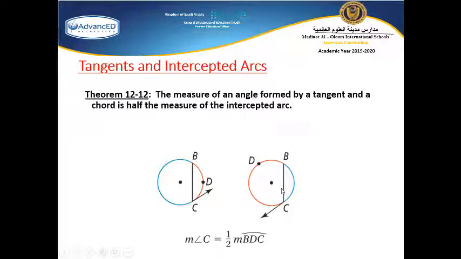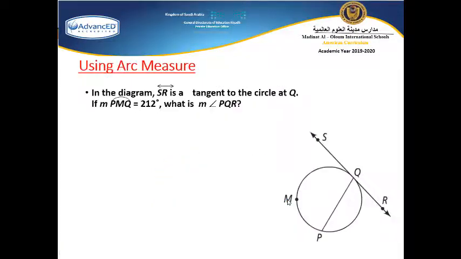Again, looking at this tangent from the point C, the angle formed by this tangent and the chord BC equals half the measure of the intercepted arc BDC. Let's apply this theorem.